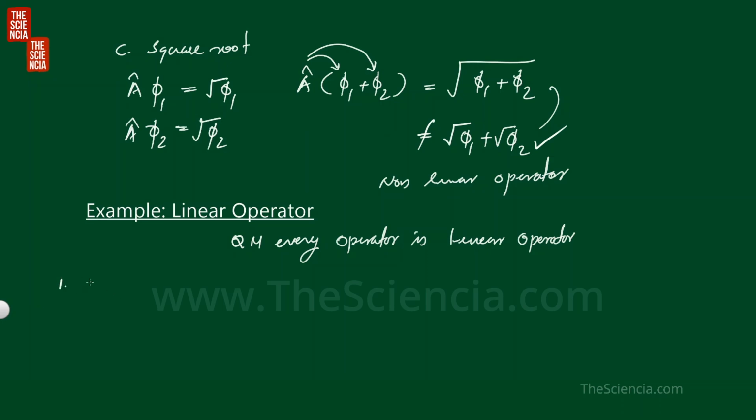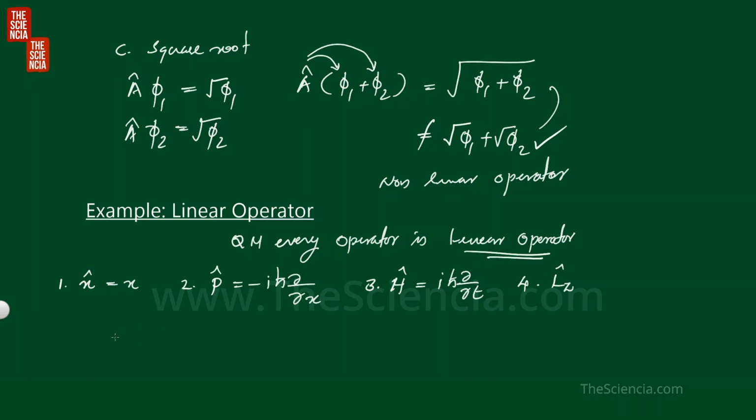We know the position operator, x cap, which is equal to x, and the momentum operator, which is minus i h cross dou by dou x, and the energy operator, the Hamiltonian operator, which is i h cross dou by dou t, and the angular momentum operator Lz, etc. Every operator we use in quantum mechanics is a linear operator.